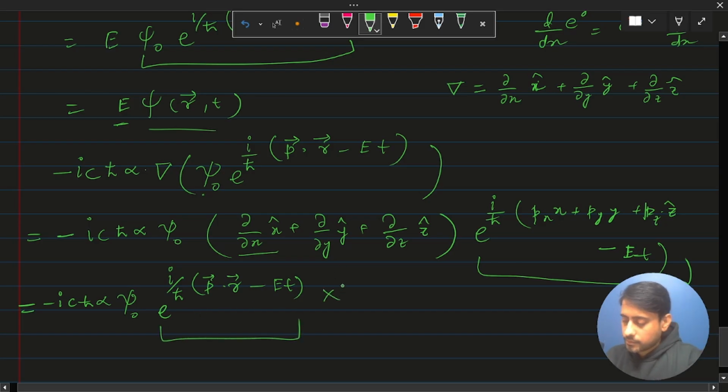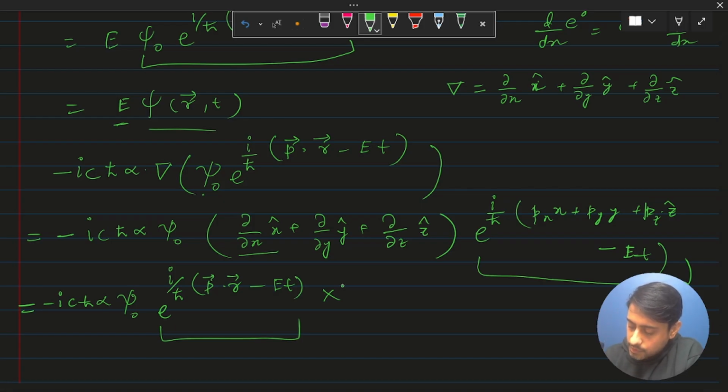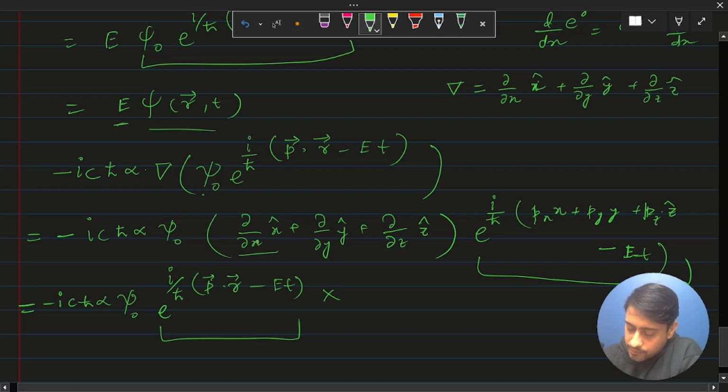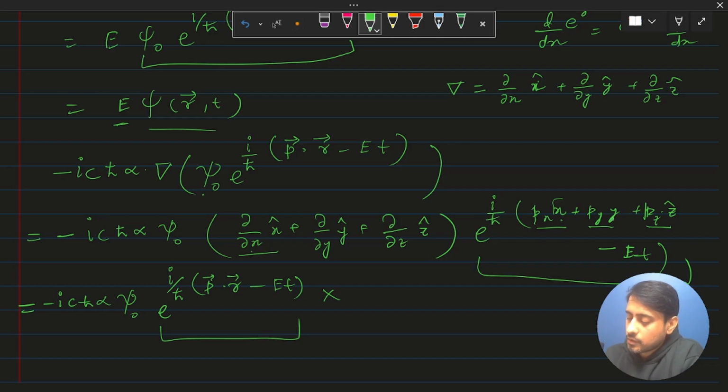Now this term will act on the exponent, the power. So when del over del x acts on px into x, px will act as a constant, but x when differentiated with respect to x will give you 1, and the rest of the terms, these two terms, when differentiated with respect to x will give you 0, because there are no x terms.